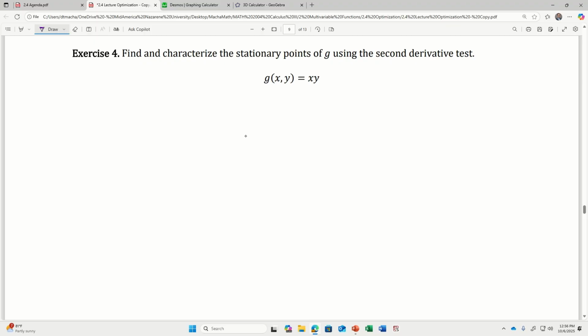All right, what about this one? Once again, we're trying to find stationary points. So we take the gradient of g, which is the partial derivative with respect to x, and then the partial derivative with respect to y, and then we set these equal to the 0 vector.